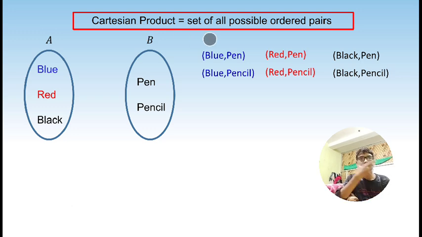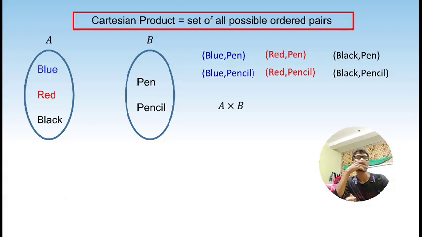So what is the Cartesian product? It is the set of all possible ordered pairs. Whatever possible ordered pairs there are will be the Cartesian product. All these are ordered pairs, and this set of ordered pairs is the Cartesian product.